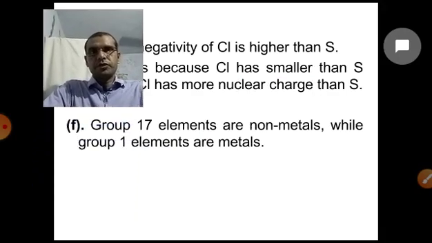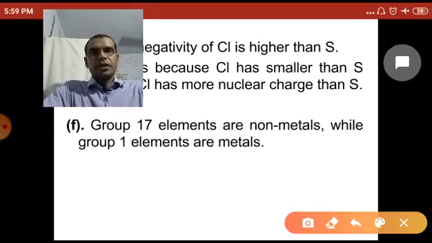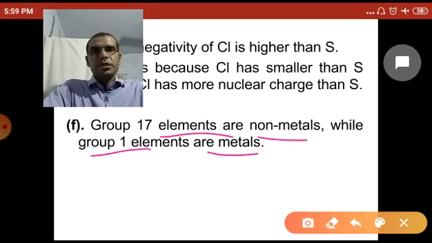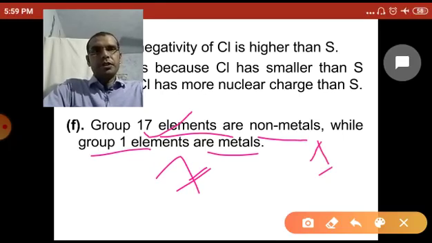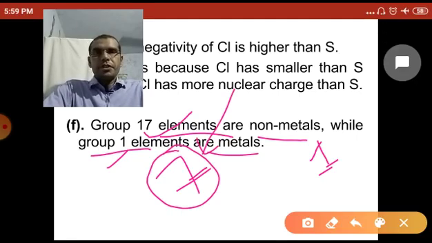Now next question, explain: group 17 elements are non-metals while group 1 elements are metals. Seven valence electrons are present in the elements of group 17, while one valence electron is present in the elements of group 1. The group 17 elements have the ability to accept electrons, and the elements which accept electrons behave as non-metals.